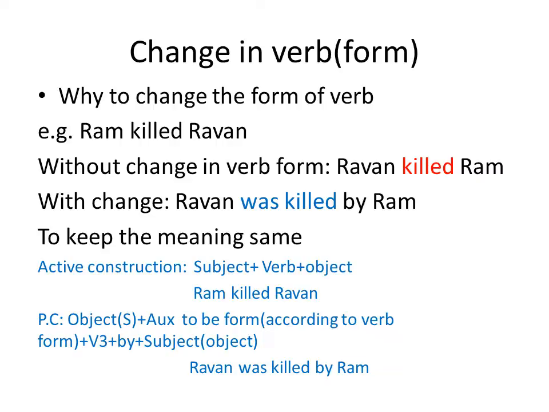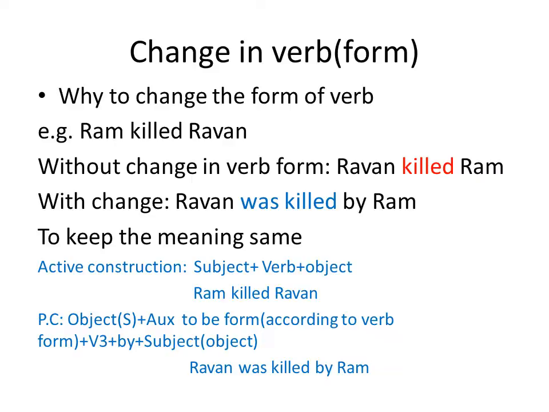V3 means the third form of the verb: kill, killed, and killed. This is the third form, or V-en form, we can say. V0, V-ed, and V-en. Then V-ing, this is also the next form of the verb. So here we have to use the V-en form.